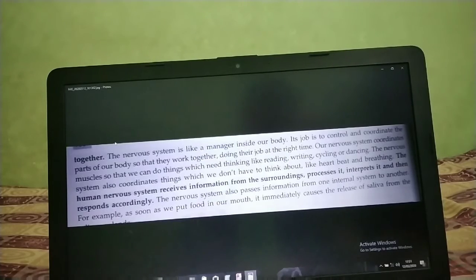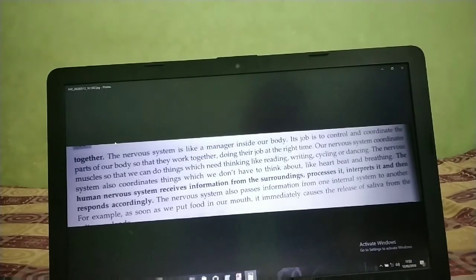Its job is to control and coordinate the parts of our body so that they do their job at the right time. Our nervous system coordinates muscles so that we can do things which need thinking, like reading, writing, cycling or dancing. It also coordinates things which we don't have to think about, like heartbeat and breathing.